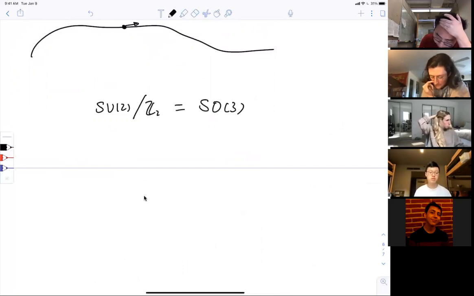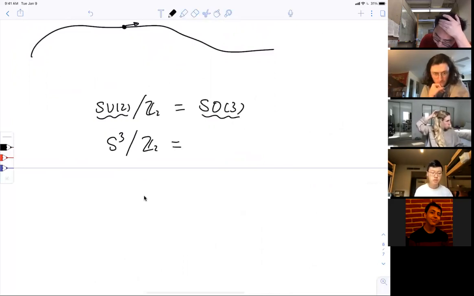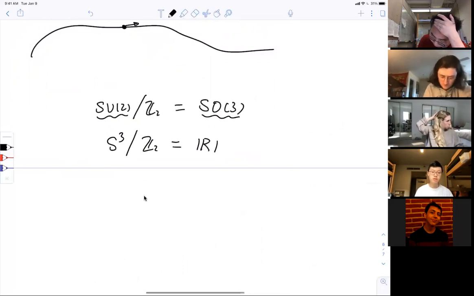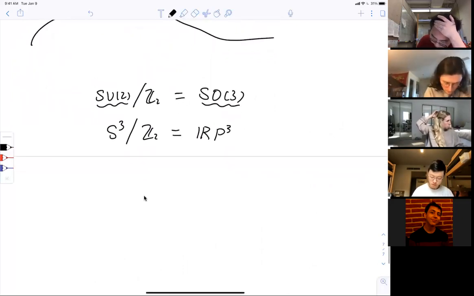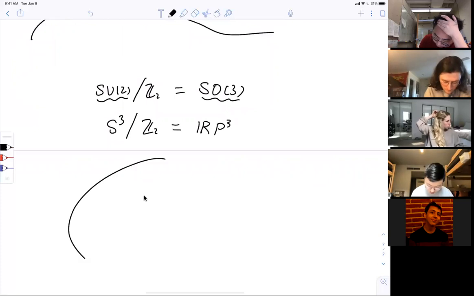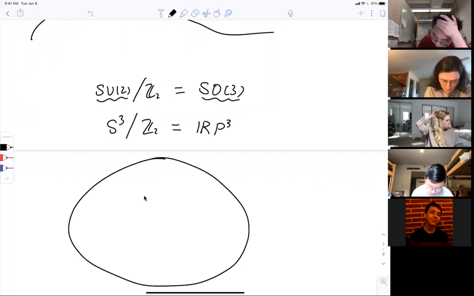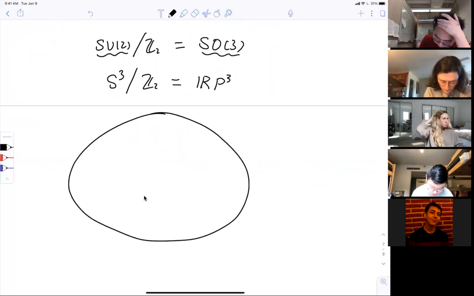As a manifold, SU2 is a 3-sphere, and SO3 is a real projective space, right? So let's visualize this. How to do that?